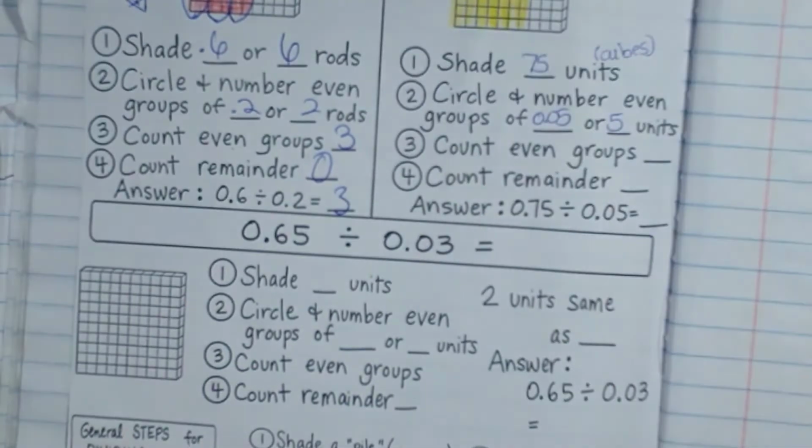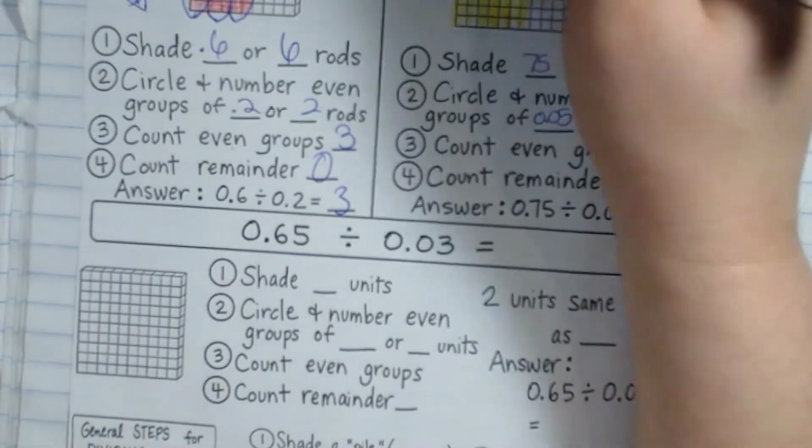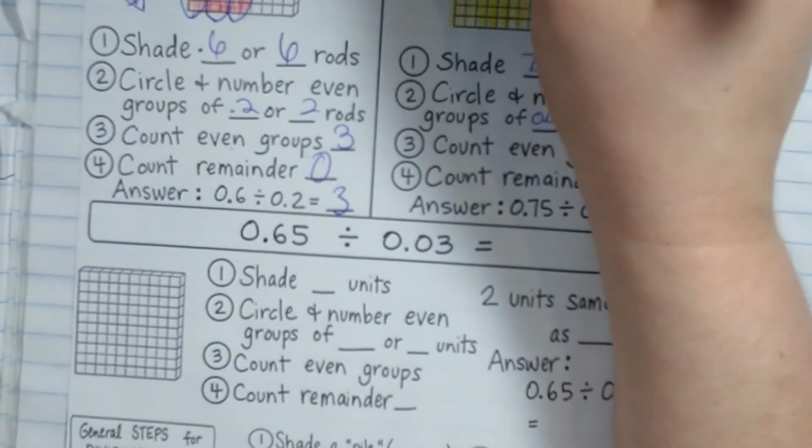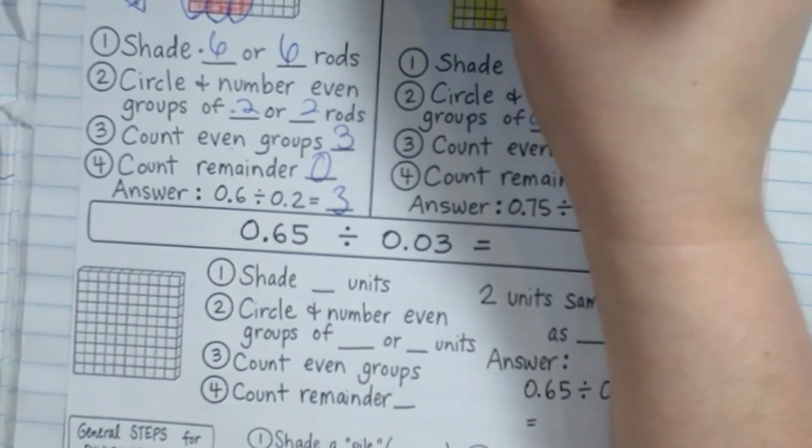So that's 75 hundredths. And now we're going to go through and do groups of 5 hundredths in each. 1, 2, 3, 4, 5. 1.